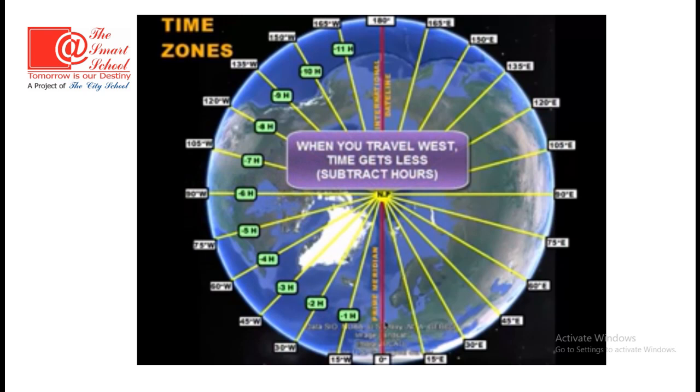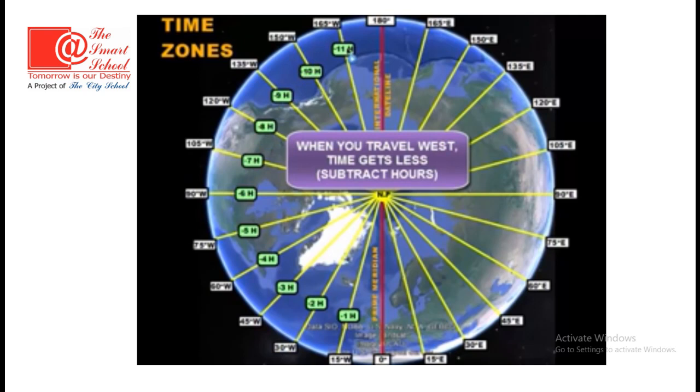From the prime meridian to 15 degrees west, I lose 1 hour. If I travel to 30, that's 2 sets of 15, so I lose 2 hours. And if I go from 0 to 45, that's 3 sets of 15, so I lose 3 hours. Remember, 15 degrees is worth 1 hour.